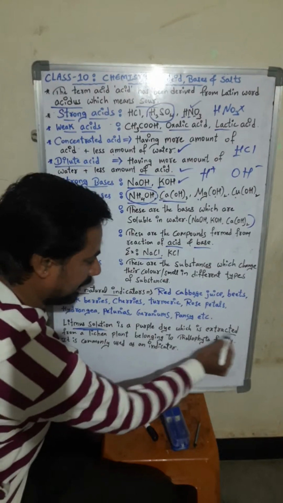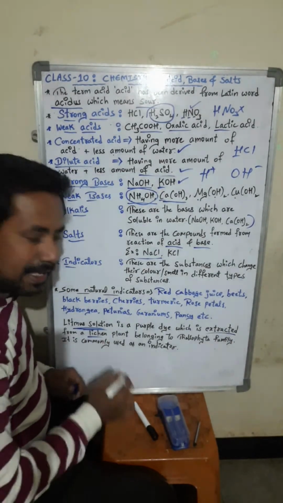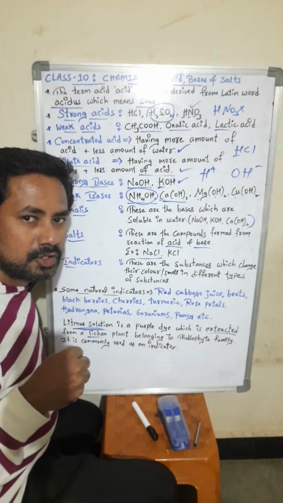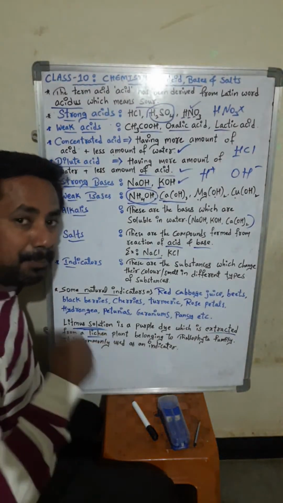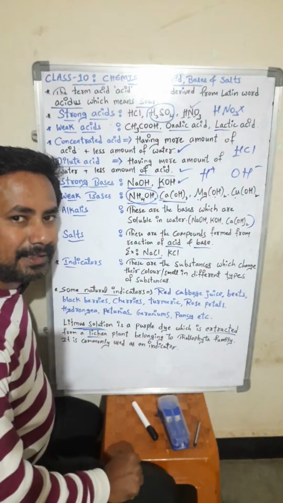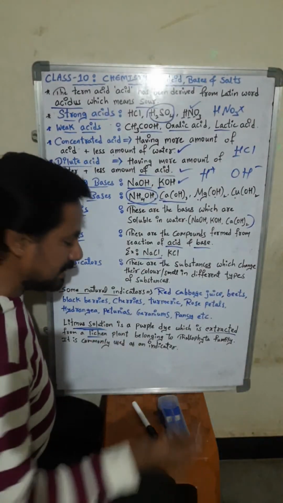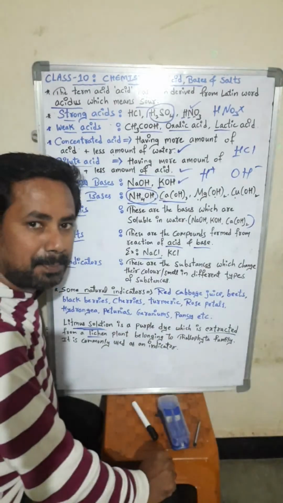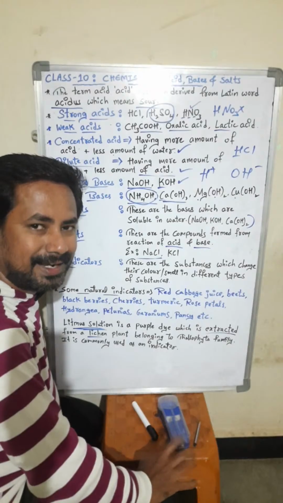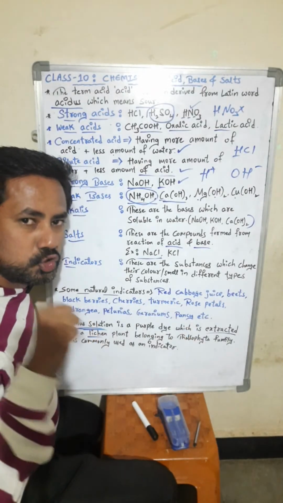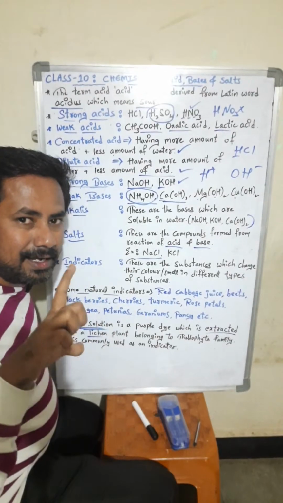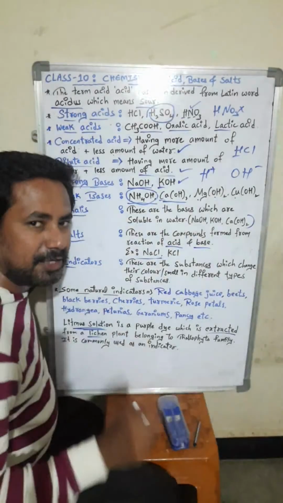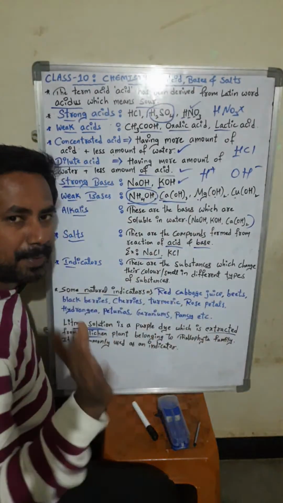It is extracted from the lichen plant. It is a purple dye, students. Dye means color, purple color. From the lichen plant we extract the juice and make it into litmus solution. With the help of this we can identify whether the given substance is acid or base.